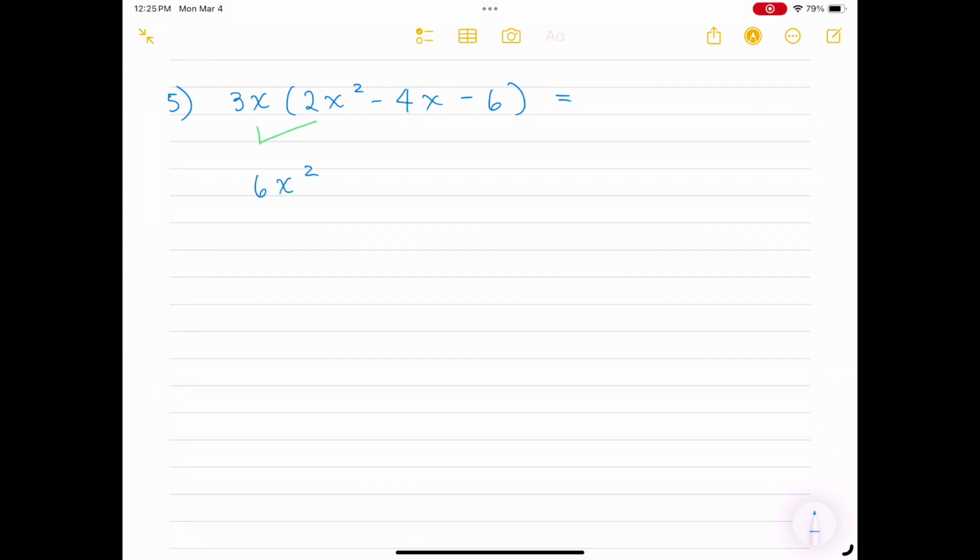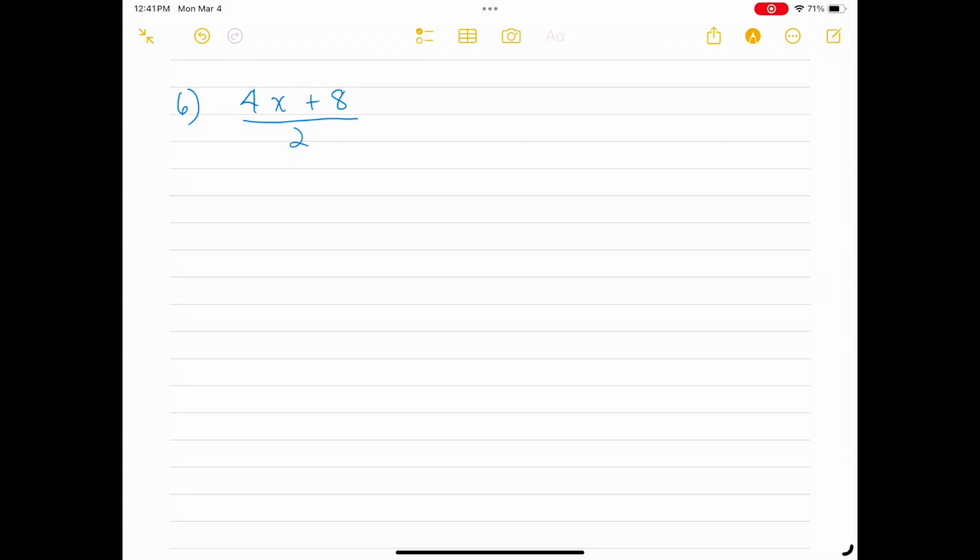Now we do the distributive property. 3x times 2x squared equals 6x to the 3rd power, minus 3x times 4x, which equals 12x squared, minus 3x times 6, which equals 18x. And box your answer.